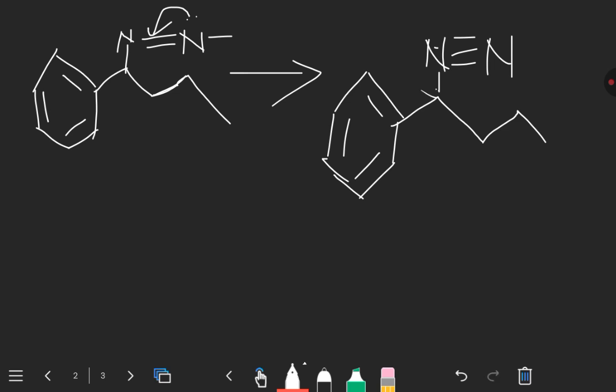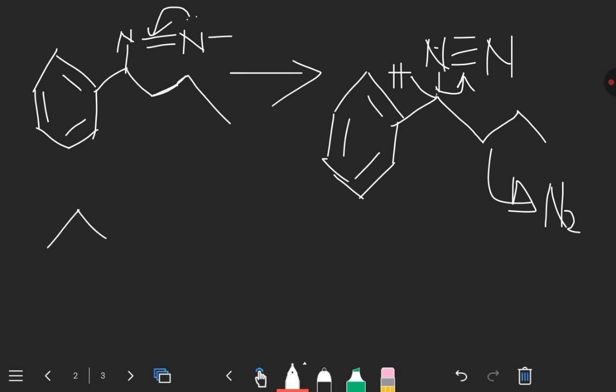Of course, we know that at this carbon here, since carbon is bonded to 4 things, the other group we have is just nitrogen. So this nitrogen now will leave. So I'll just show it here. Nitrogen has left. Then once it leaves, we're going to have a carbanion.